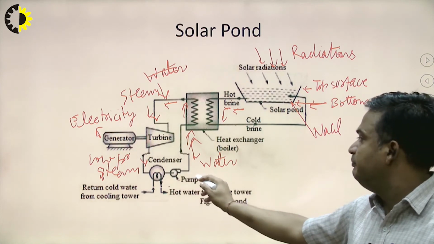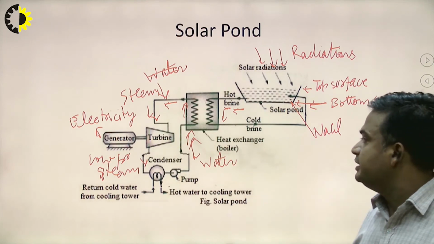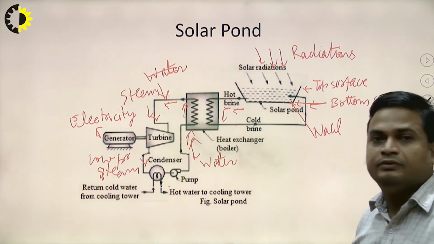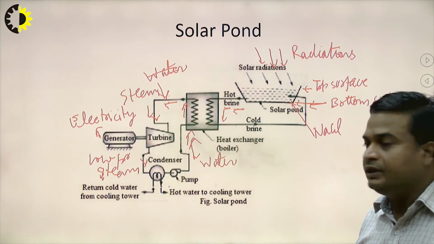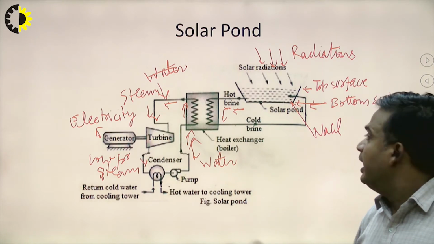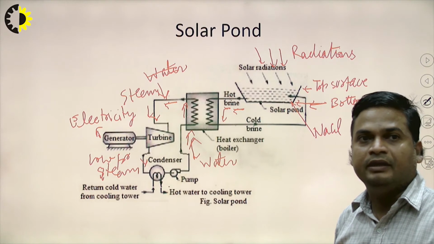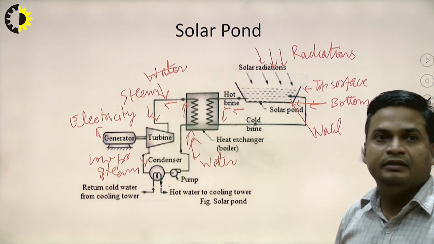After this, the pump sends the water to the heat exchanger. The pressure of the water increases, and again this water takes the energy from the hot brine and is converted into steam, and the cycle is repeated.